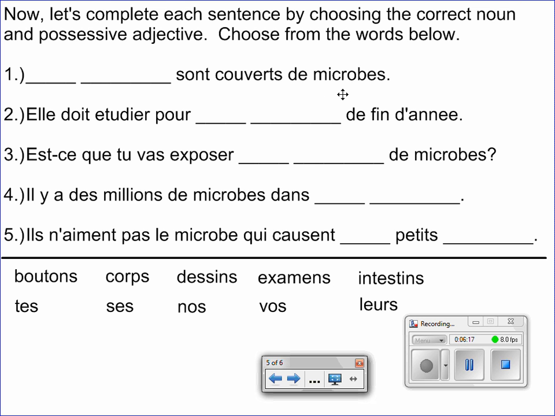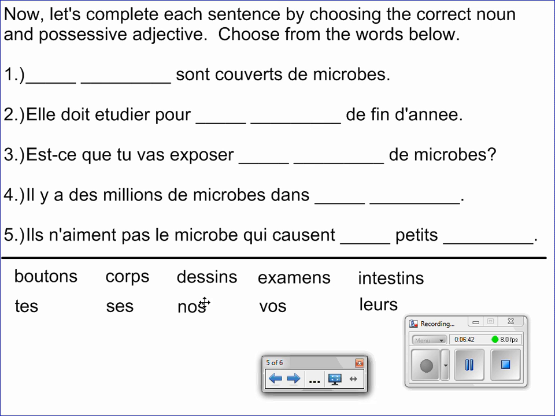Okay, and so I think out of the words I've got here, bouton, buttons, corps, bodies, dessin, designs, examen, exams, intestins, intestines.